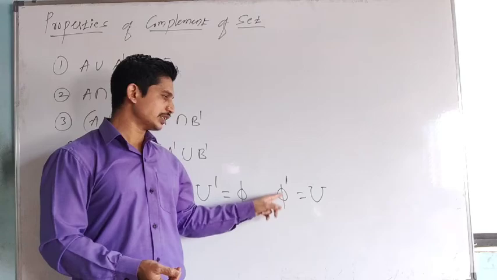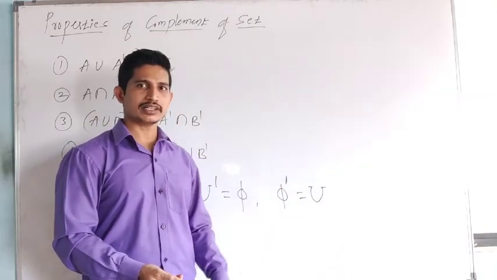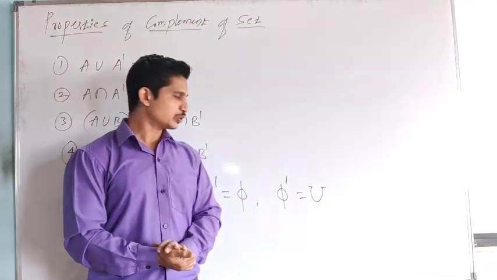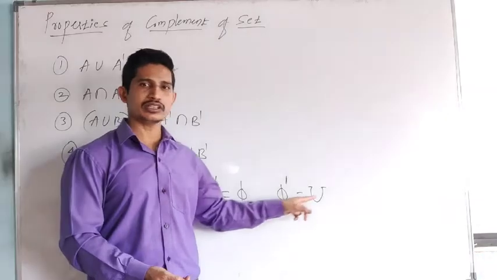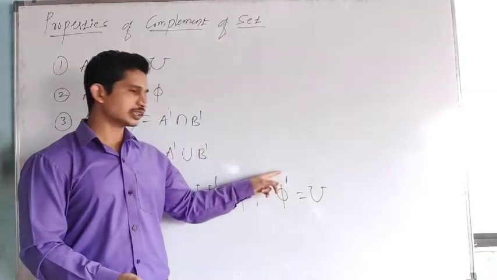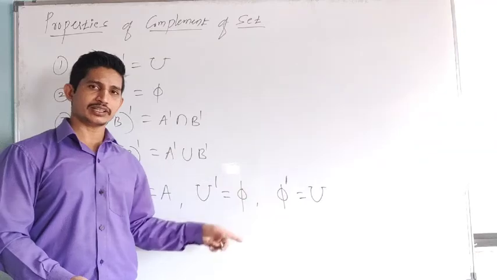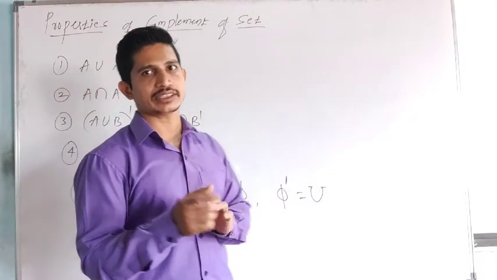So the empty set's complement means U minus empty set, which is U only. So phi dash is U. And U its dash is phi. The dash of U is phi.